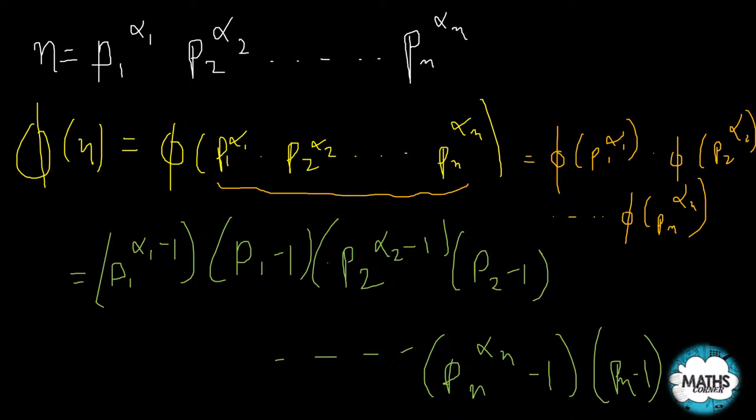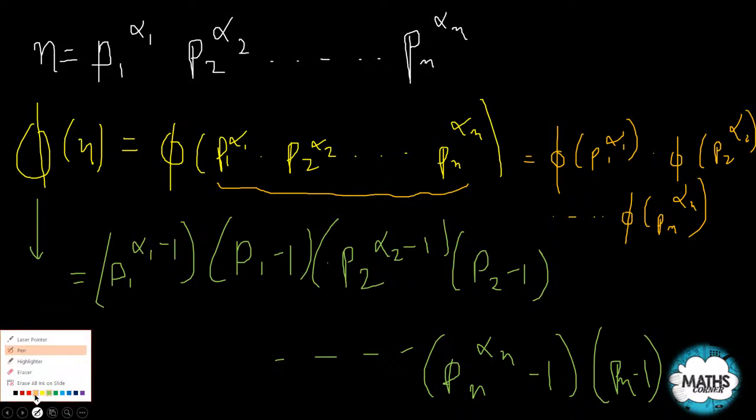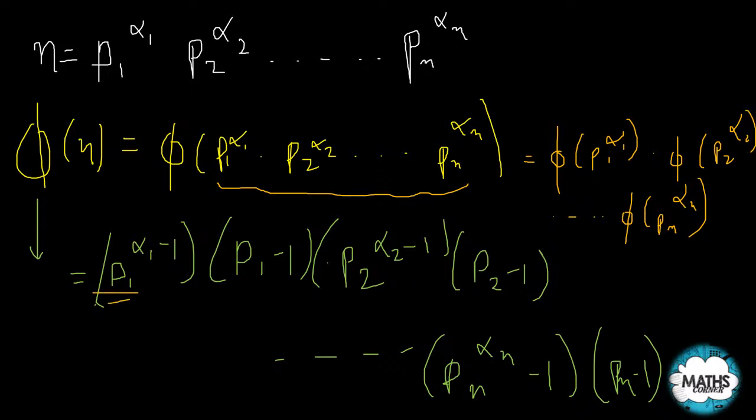So this will be my phi of n. Now I will write down this p1 to the power alpha 1 minus 1 as p1 to the power alpha 1 by p1.